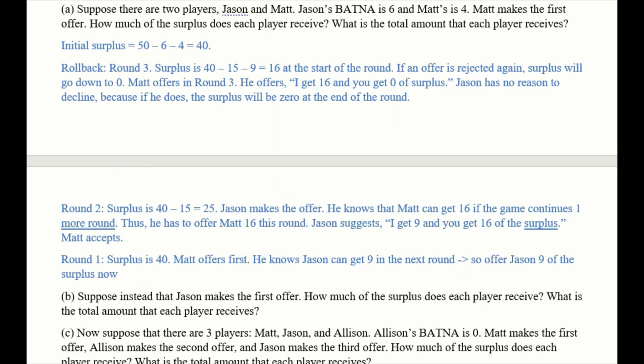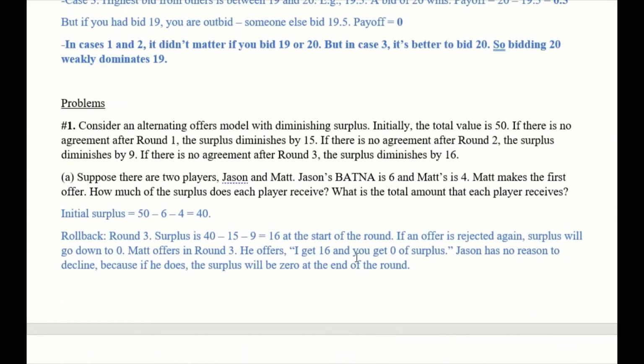So I offered Jason 9 in the first round. That means there is 40 minus 9, which is 31, all for me. So that's how the surplus is divided.